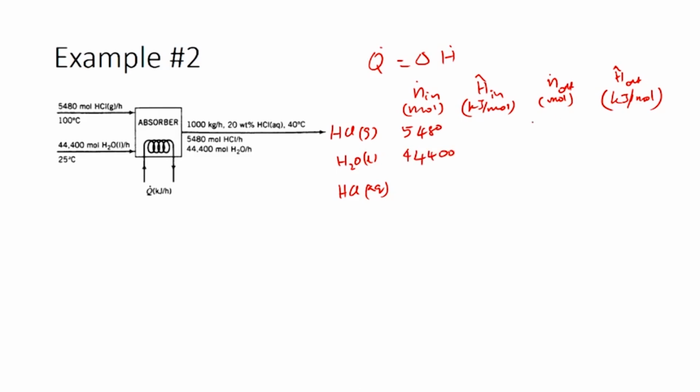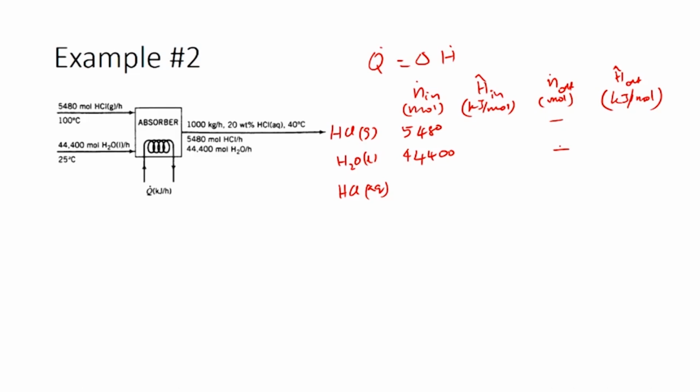Now, you do not have any HCl gas leaving the system or water liquid leaving the system, all you have is the aqueous HCl which is leaving the system. However, when we are writing the component in the aqueous HCl, we will not write the total number of moles, we will only write the number of moles of HCl, because the enthalpy is given in terms of per mole of solute.